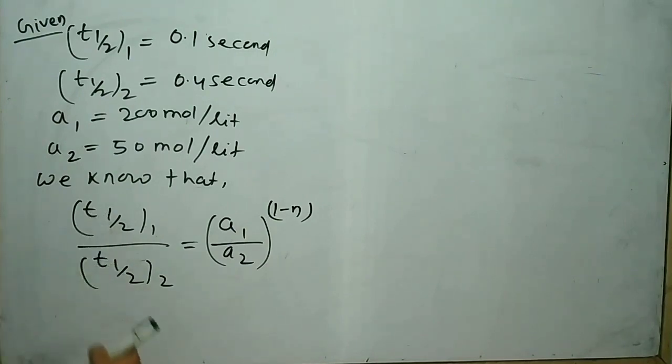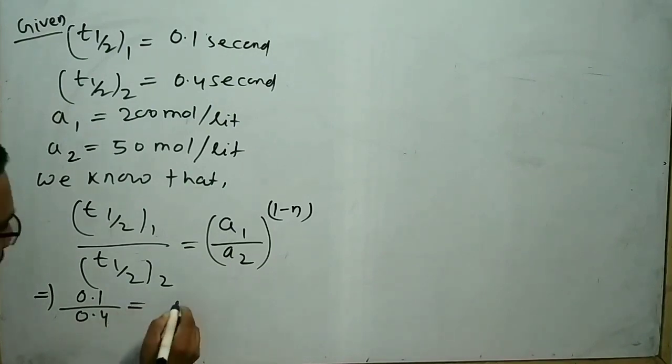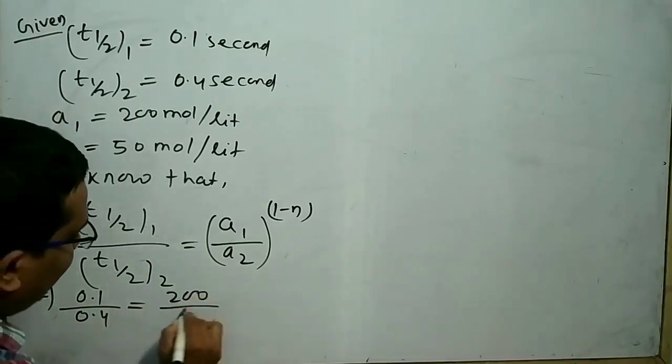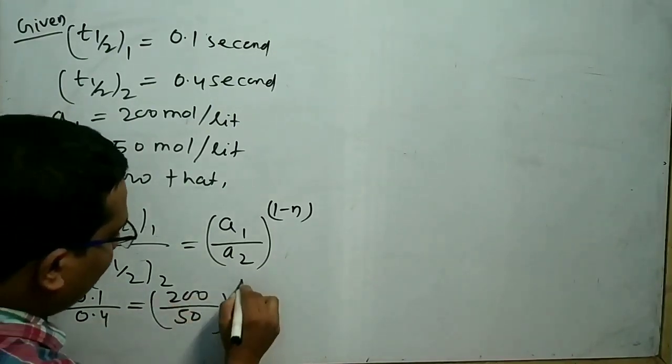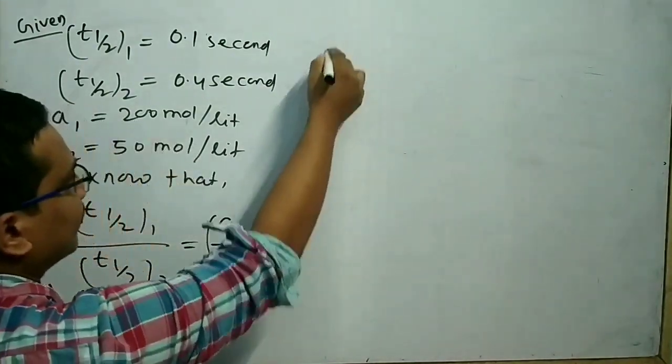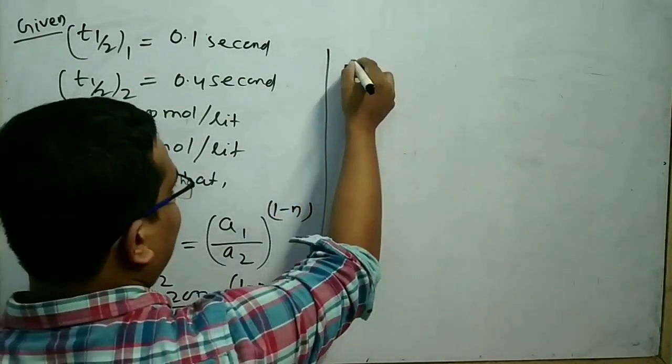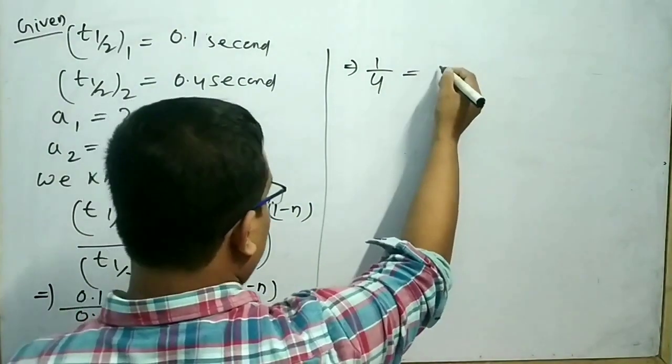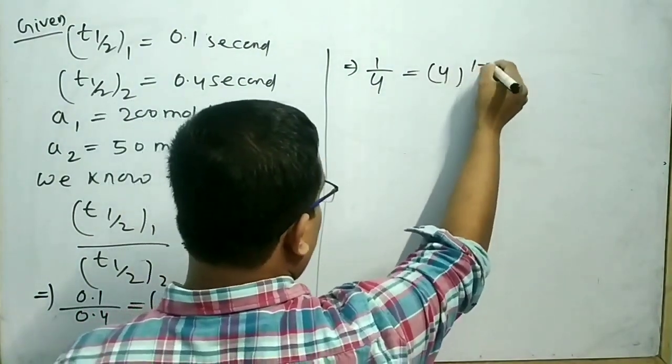Now put the value of t half 1, t half 2, A1, A2 in this equation. Then I can write 0.1 divided by 0.4 equal to (200 by 50) whole to the power 1 minus n. This implies that 1 by 4 equal to 4 to the power 1 minus n.